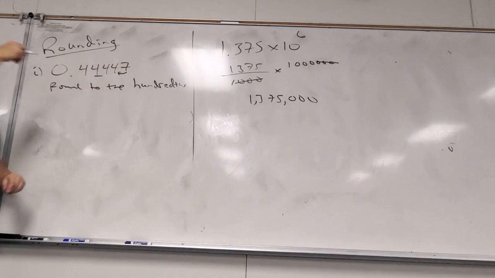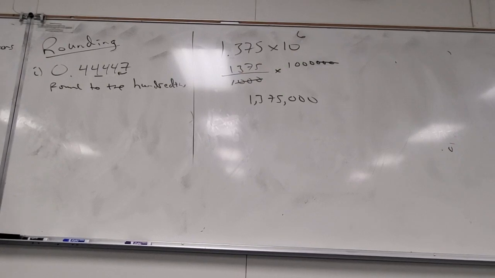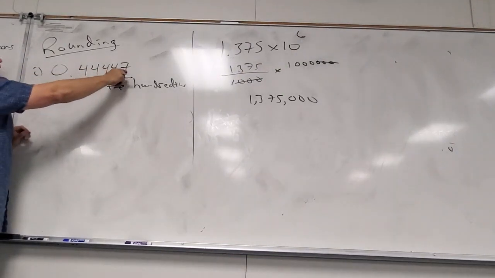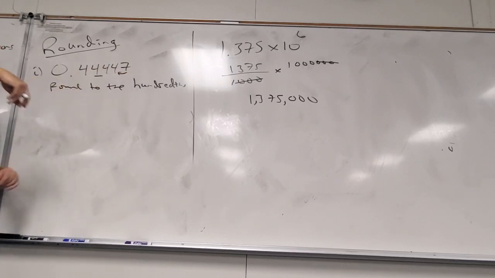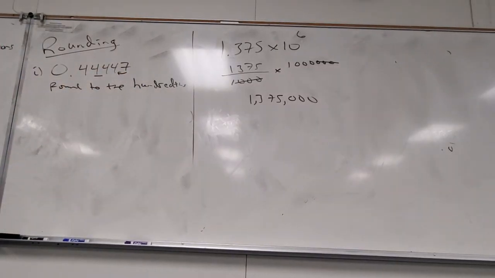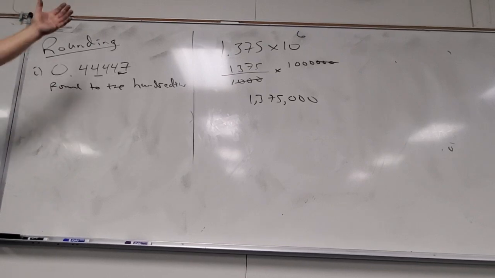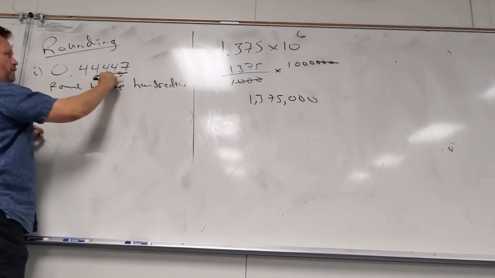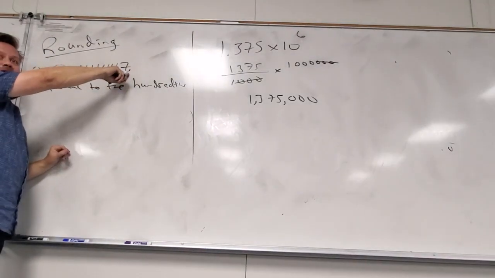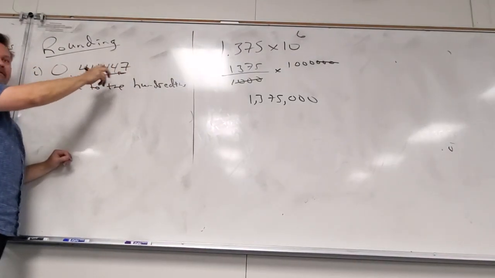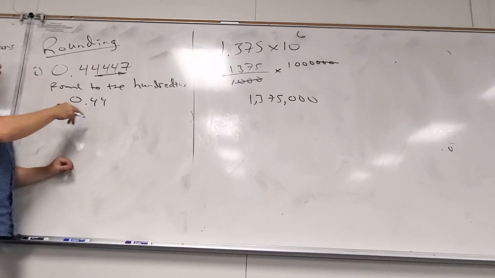That is a 47. Are you with me? 4,447 is closer to 4,000 than it is to 5,000. You guys see that? So a nifty way to look at decimals is to sort of ignore the fact that they're decimals sometimes. That is 4,447. That is closer to 4,000 than it is to 5,000, so the answer will be 44, right?